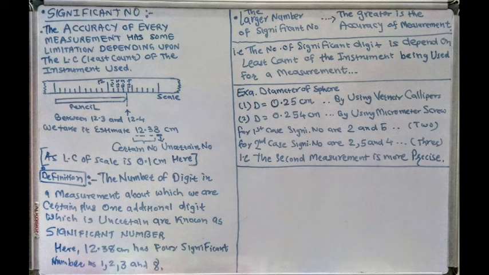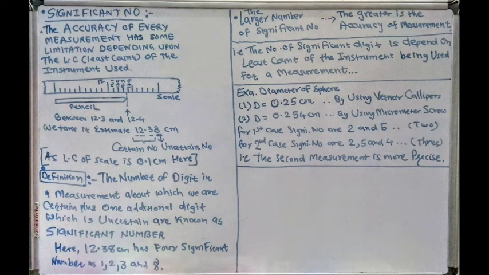So, the larger the number of significant figures obtained in a measurement, the greater is the accuracy of the measurement. The number of significant digits depends upon the least count of the instrument being used for a measurement.